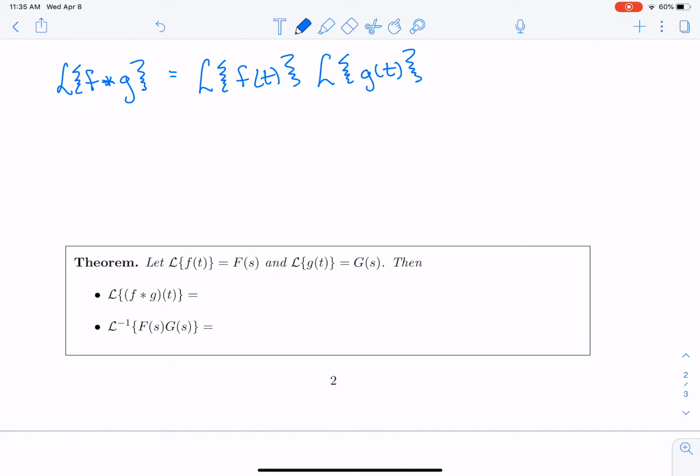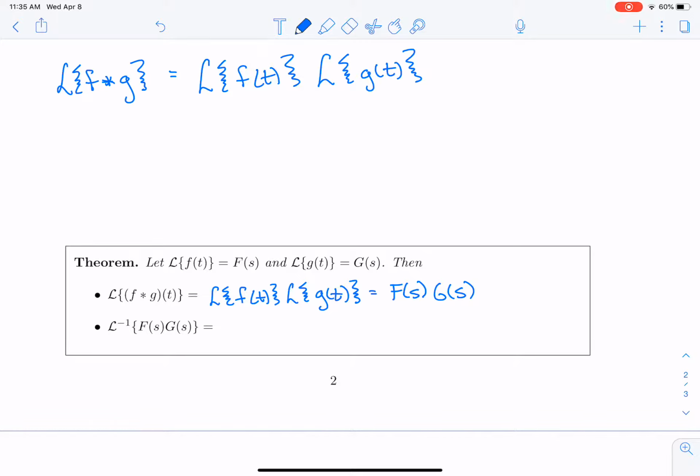Okay, so the Laplace transform of f star g is going to be the Laplace transform of f of t times the Laplace transform of g of t. So we can call those capital F of s and capital G of s.